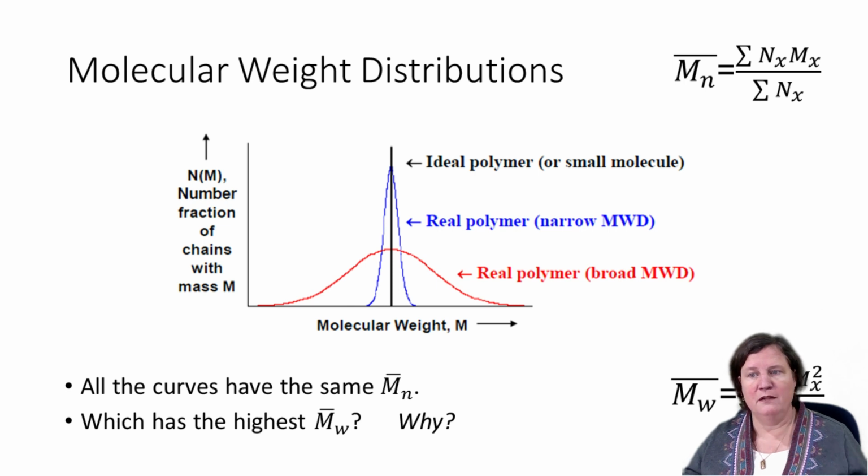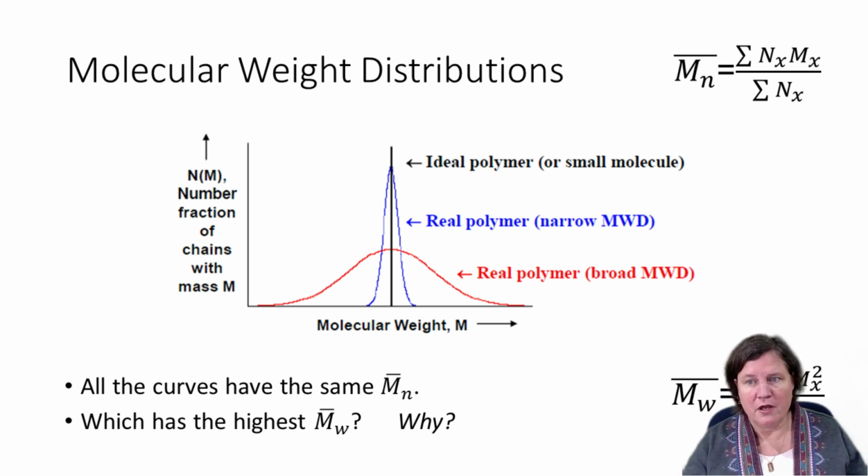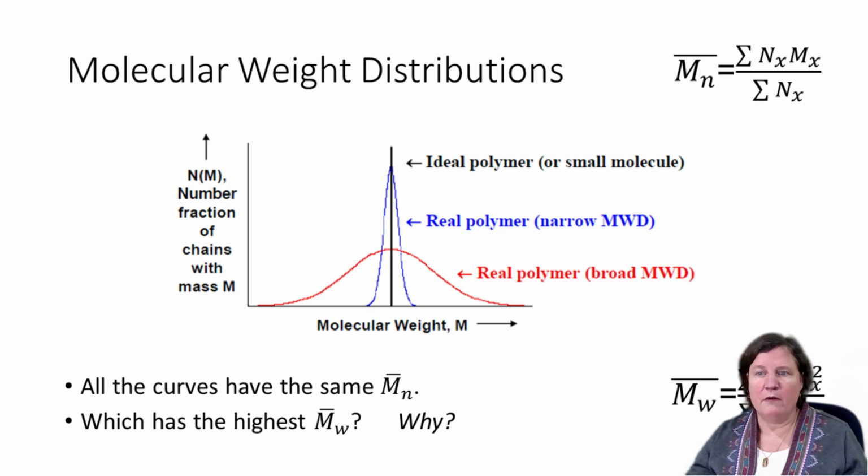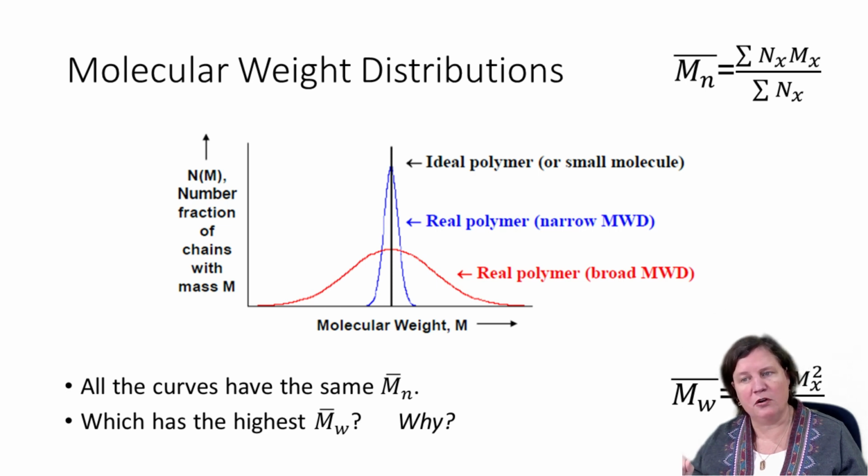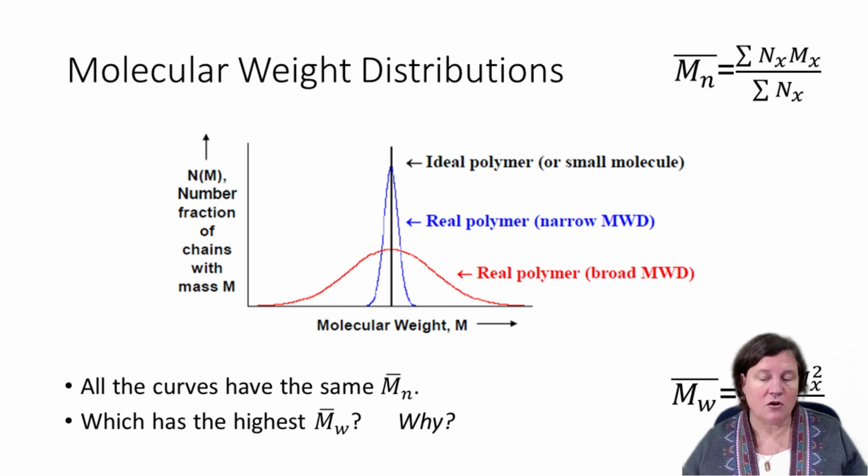A real polymer with a very narrow molecular weight distribution might look something like the curve in blue, where a real polymer with a broad molecular weight distribution is going to be much more spread out, like the curve in red, that bottom curve.